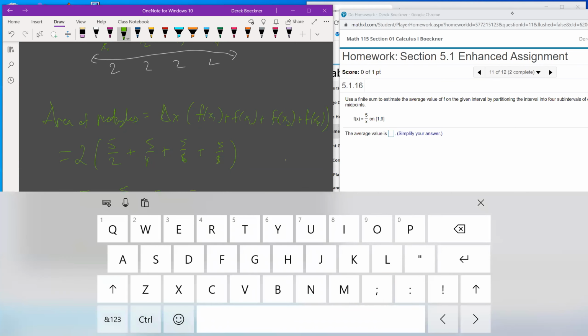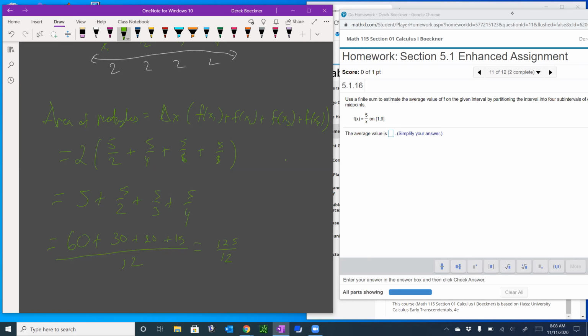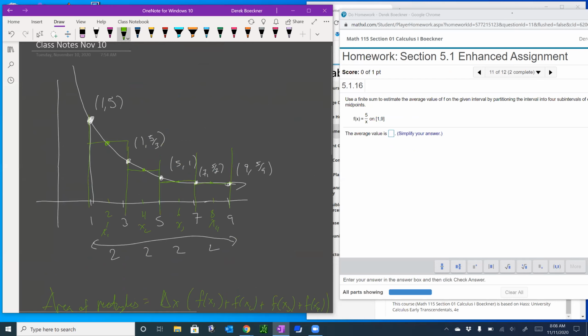Oh. Okay. That's the total area. This is total area. Right? What it wants is the average value of f on this interval. So an average is what everything would be if it was the same, right?